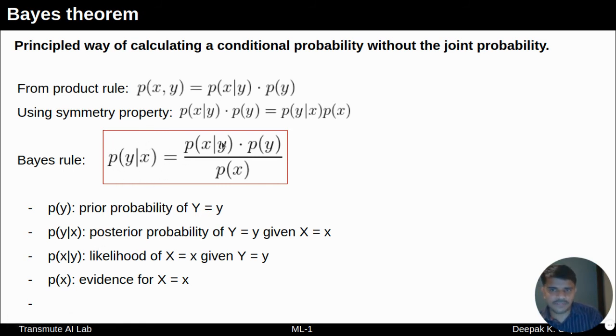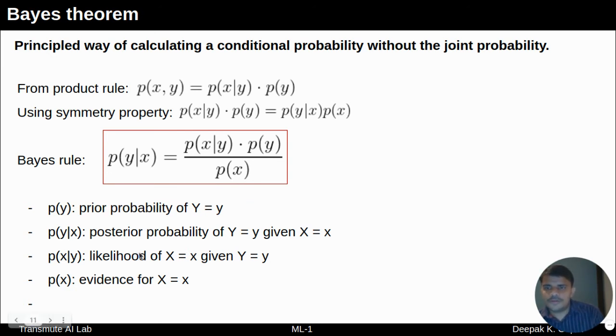Then we have this p(x given y), that is referred to as the likelihood of x given y, and the term p(x) is referred to as the evidence for the random variable x to hold the value of x.